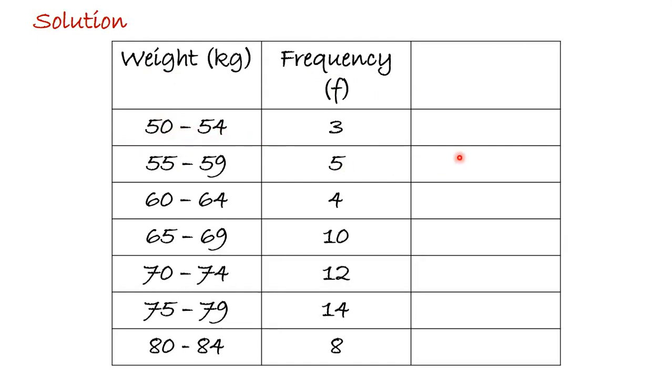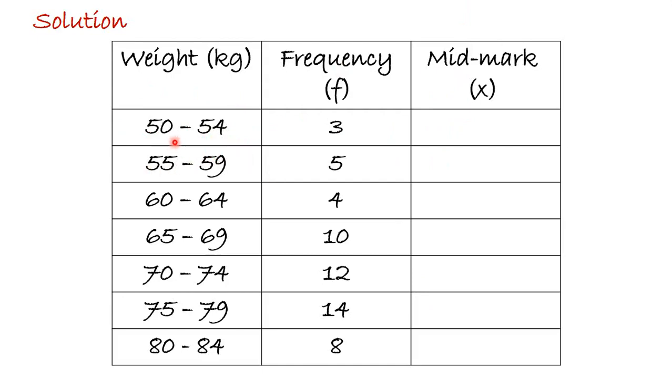That is usually the same as the class mark, because this is the class and then we have what we call a class mark, which is the mid-weight in that case. So here we shall have this column for mid-weight or the mid-mark X.